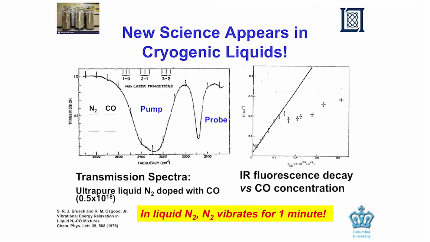That band is due to the fact that the nitrogen molecules collide with each other and actually induce a dipole into an otherwise homopolar molecule. If you put CO in there, you actually create this other level, which should be down a little bit from that nitrogen, and so you can actually transfer energy into this probe molecule, which then fluoresces.